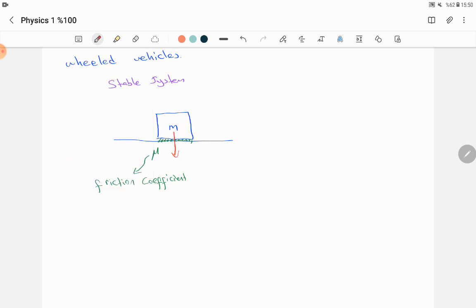The gravitational force value is the mass value multiplied by the gravitational acceleration.